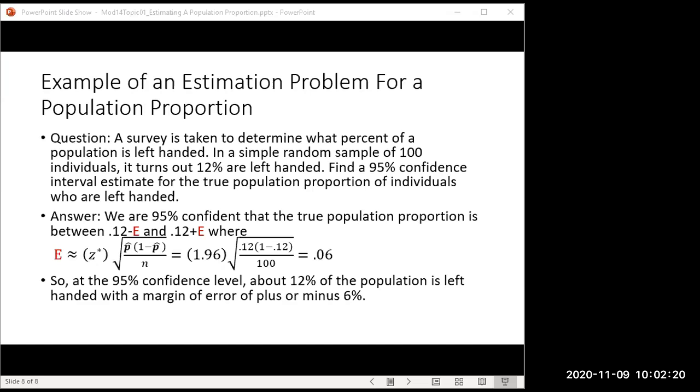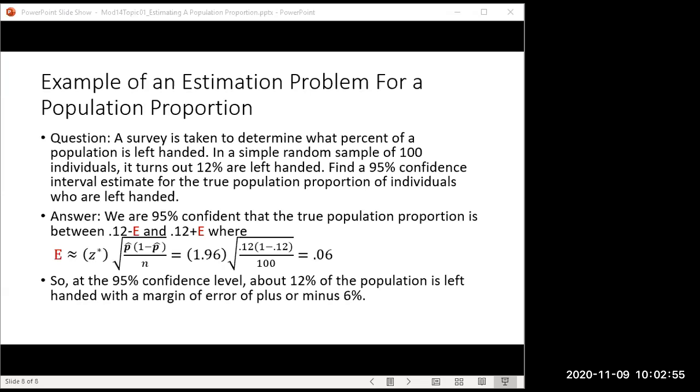So you just do the arithmetic and you get this 0.06. So about 12% of the population is left-handed, plus or minus 6%. So somewhere between 6% of the population and 18% of the population is left-handed. We're 95% confident that the truth is between 6% and 18%.